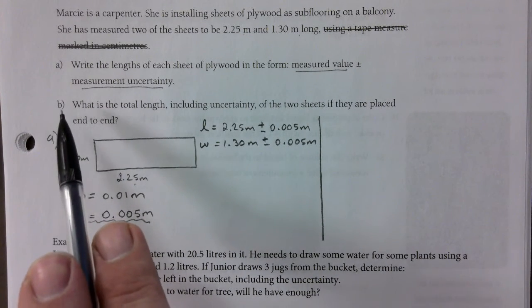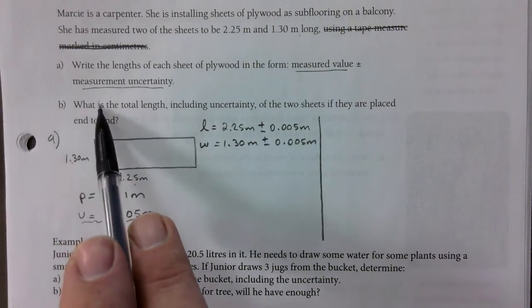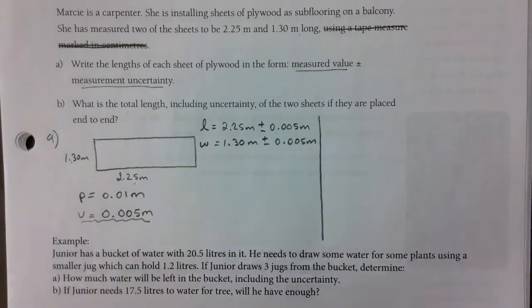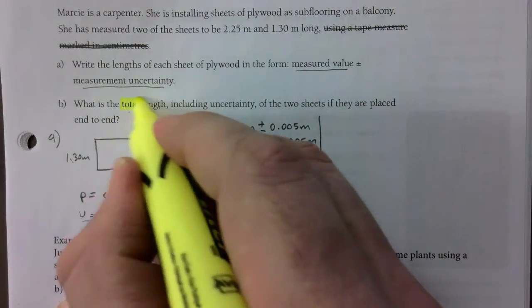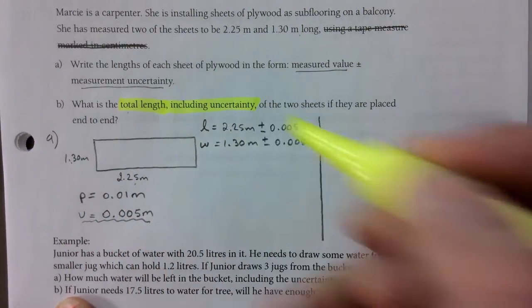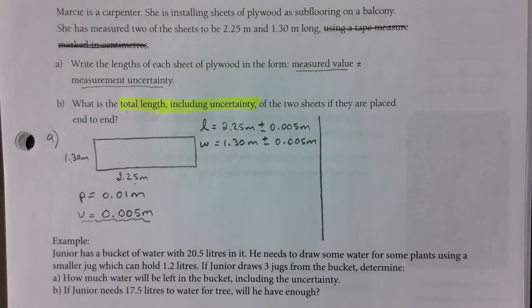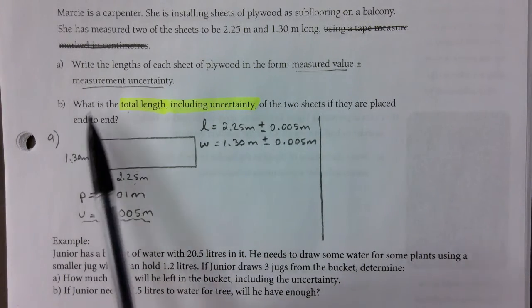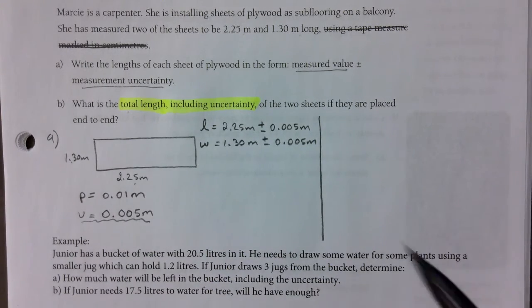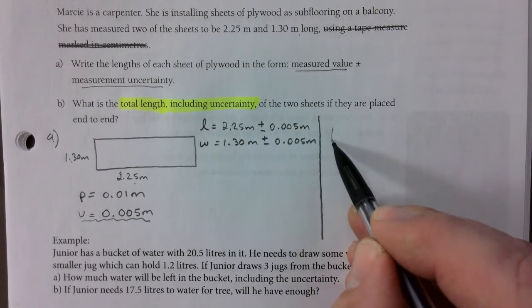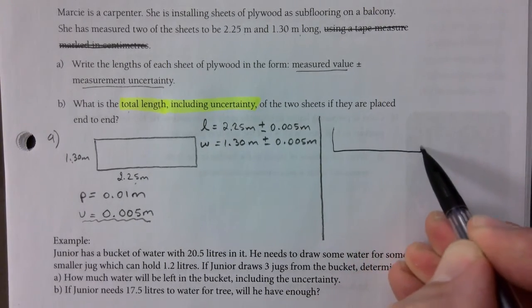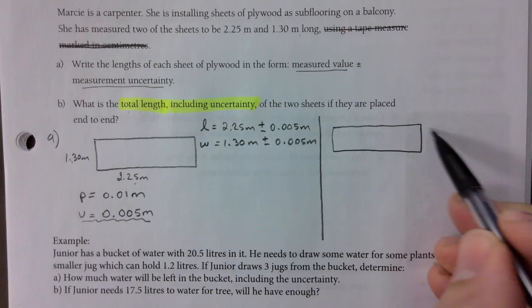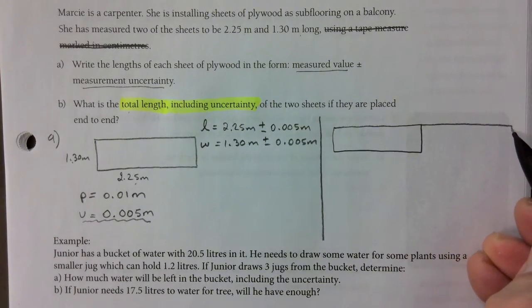B is asking, what is the total length? Total length including uncertainty. So you gotta hone in on that. Of 2 sheets if they were placed end to end. So let's draw that out here. So one piece of plywood and another piece of plywood, and they measure the same, right?